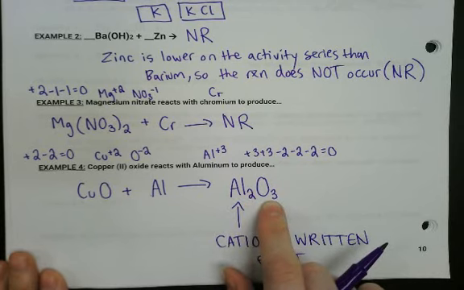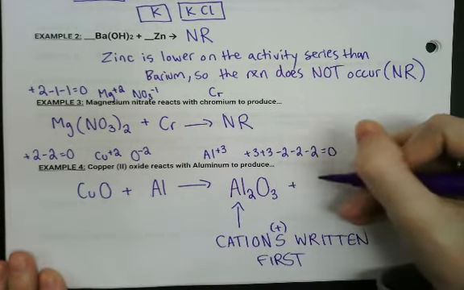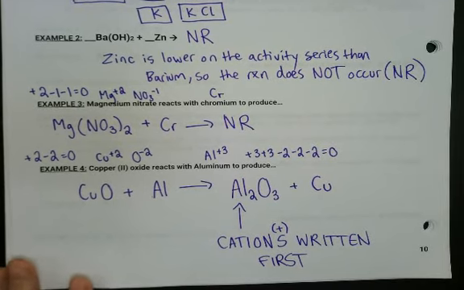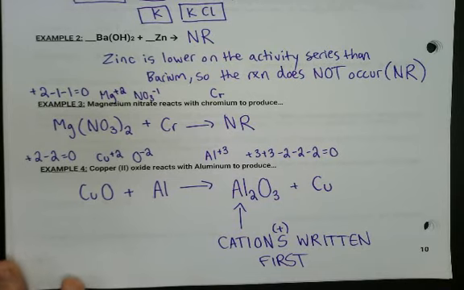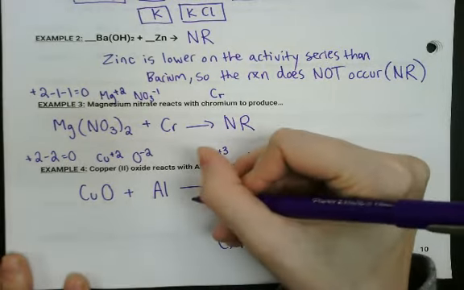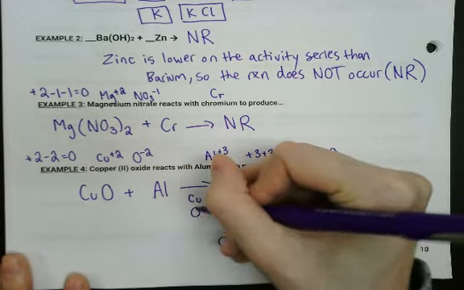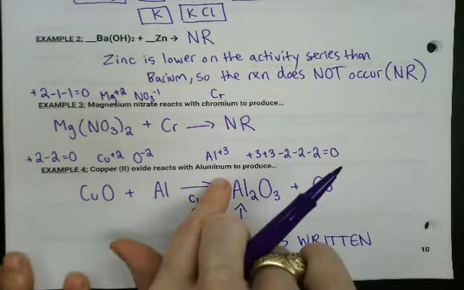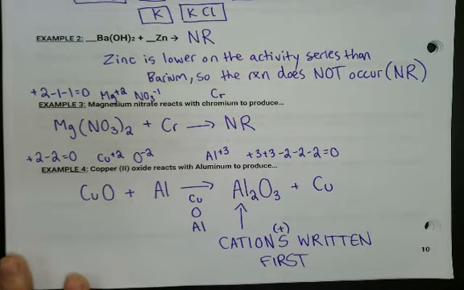Now that aluminum has replaced copper, copper is by itself, and we have determined our products. So the final thing we need to do is balance our equation. I'm going to use a little bit different method than the box method for this one. I'm going to instead write copper, oxygen, and aluminum underneath my arrow and balance on both sides.